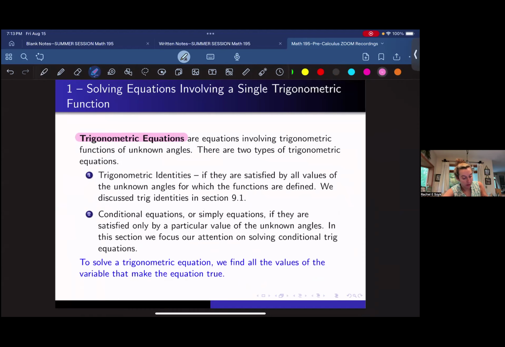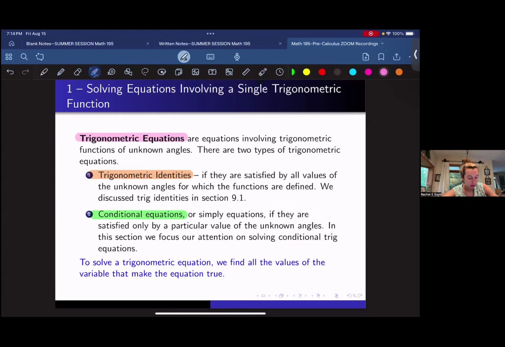We have our trig identities, and then we have our conditional equations. Identities are always known to be true, whereas conditional equations are only true for particular values of our unknown angles, for example theta, beta, x, and so on.